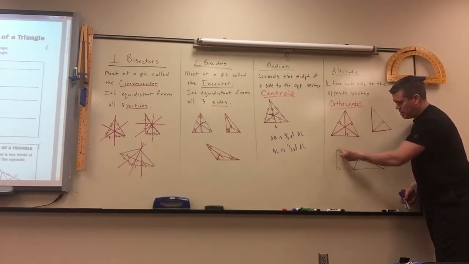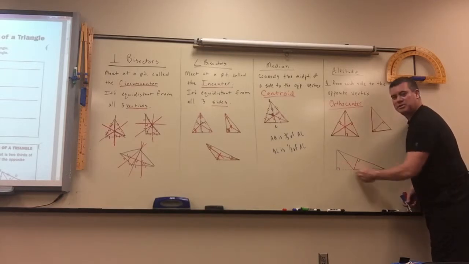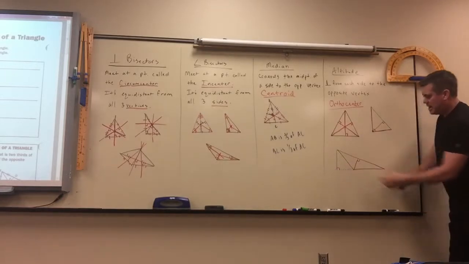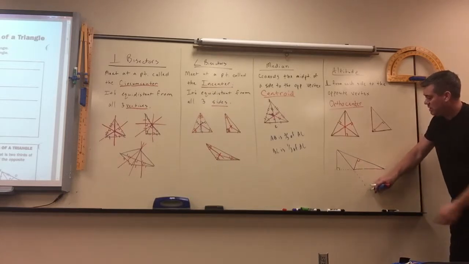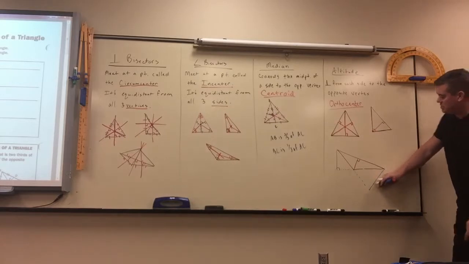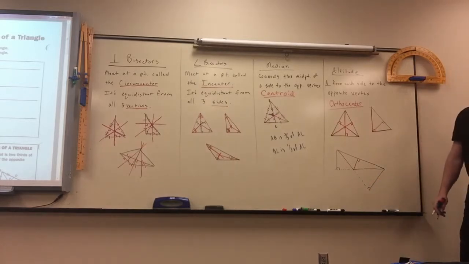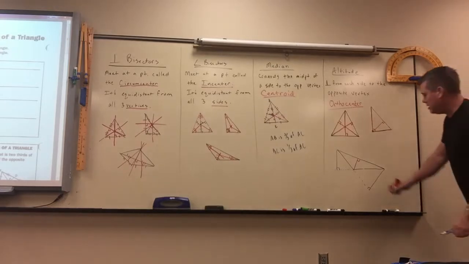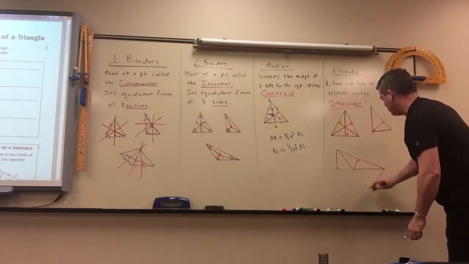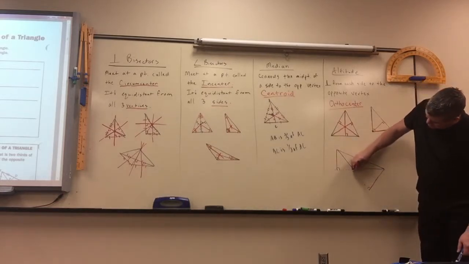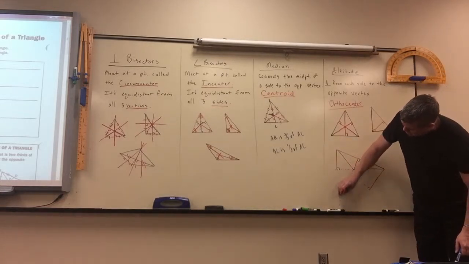Because it's gotta go from the vertex to the opposite side and form a 90. Well, there's no way I can draw a line over to this side, so that's why you extend it. Same thing from here to there, I would have to extend this out. If this were the bottom, I would measure up like this to figure out how tall it is. They would intersect if you extended these down.